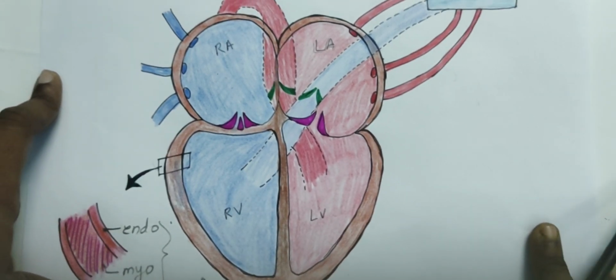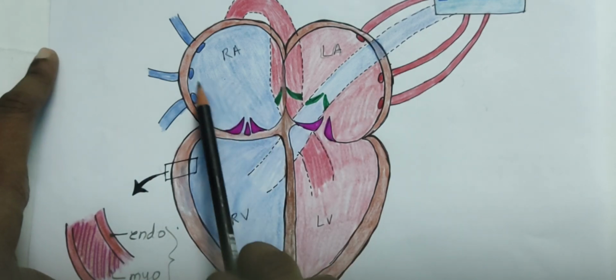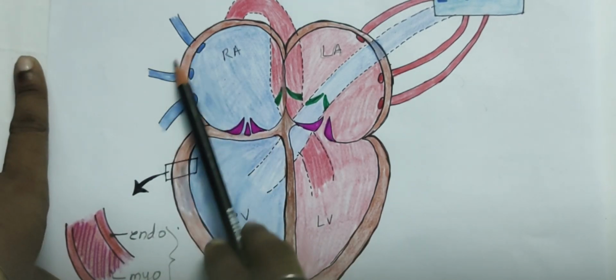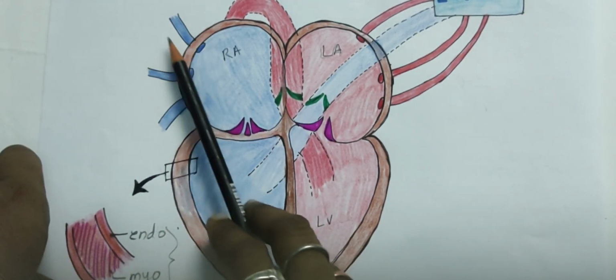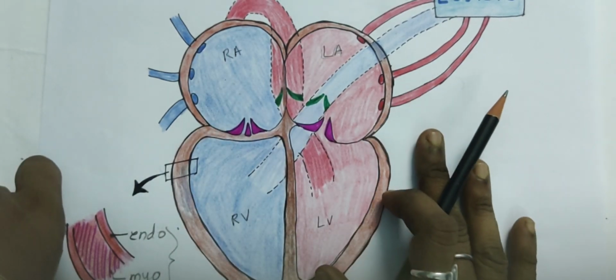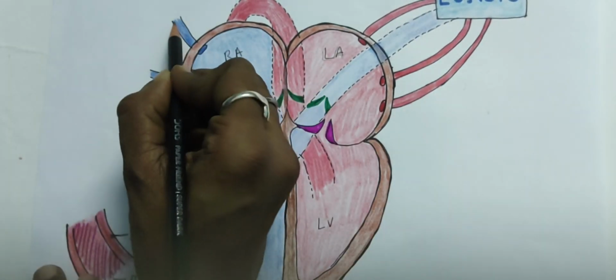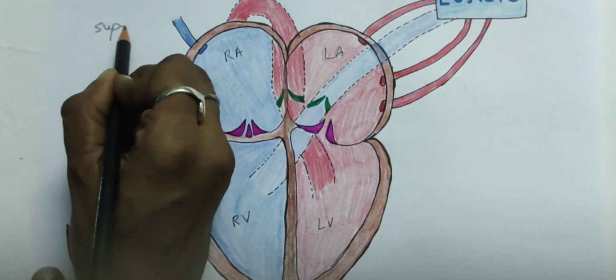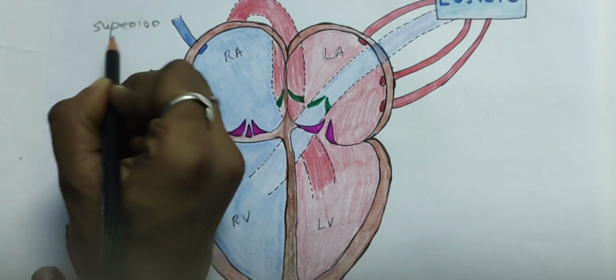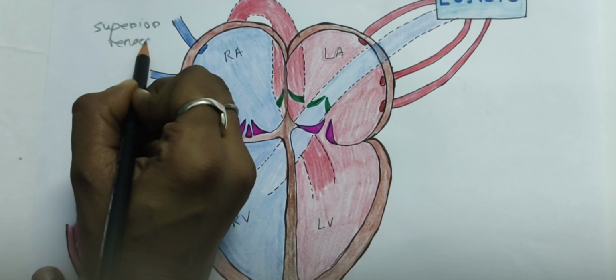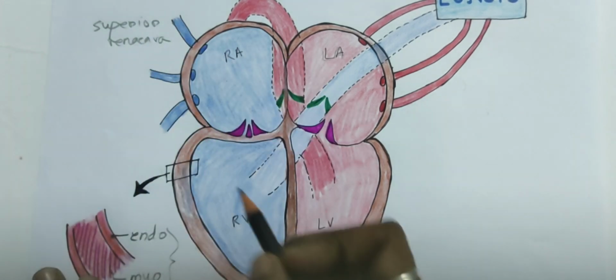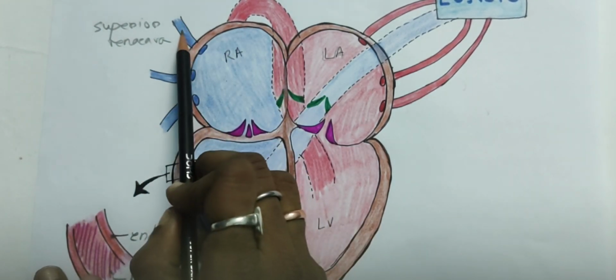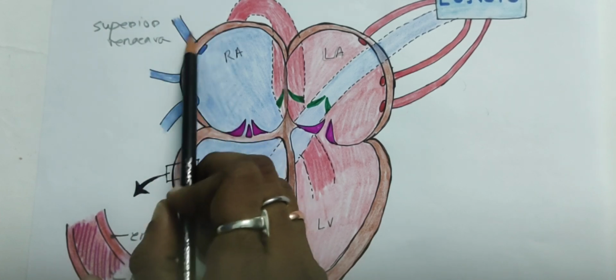Then there are three pipelines. This is the superior vena cava. It collects the deoxygenated blood from the upper part of the body.